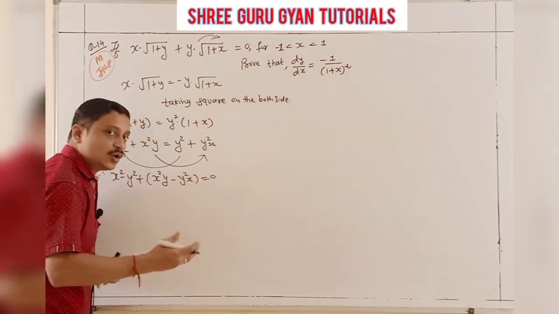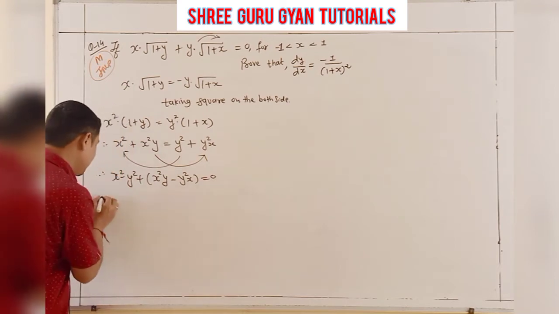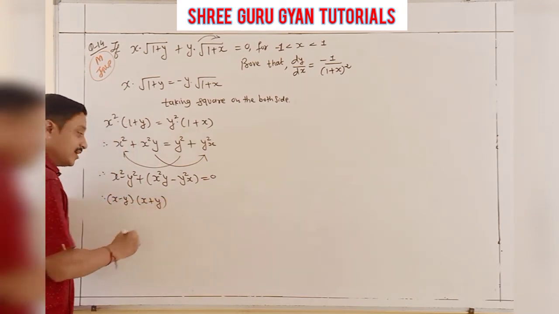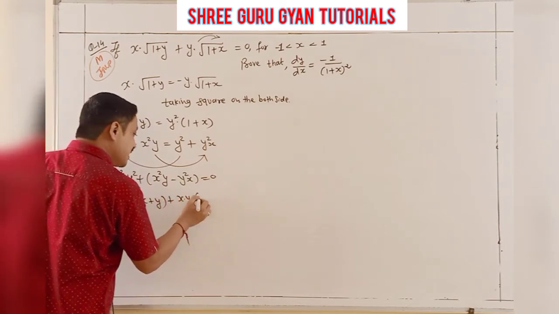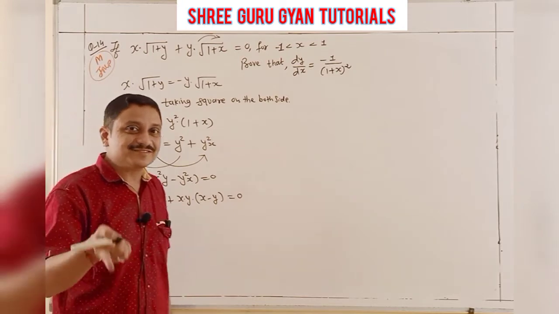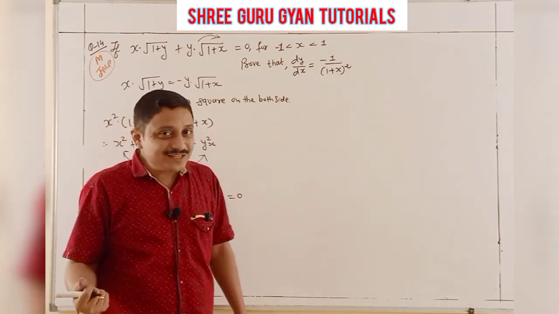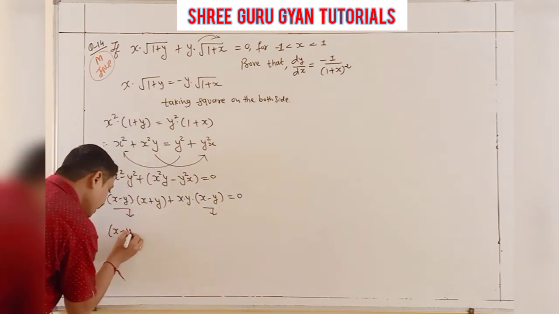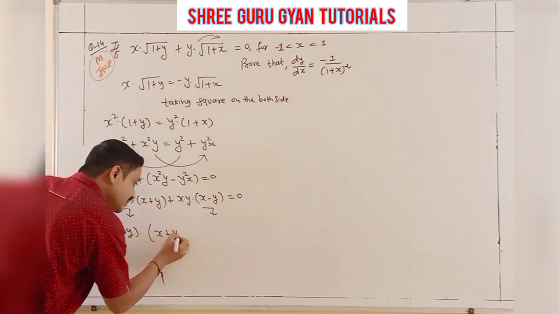You just take common. Here are two factors, x minus y, x plus y, and here common xy. Yes, remaining are x minus y. And check, what is the common? These two are common. Remaining are x plus y plus xy.